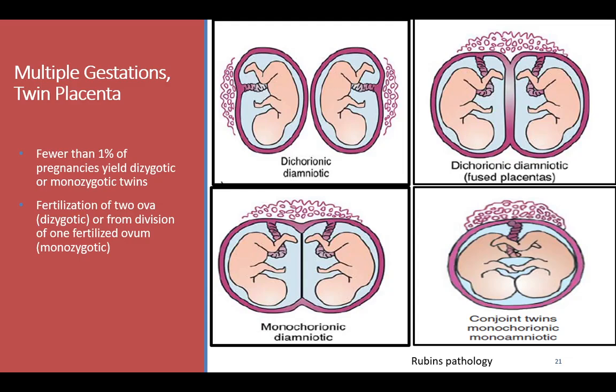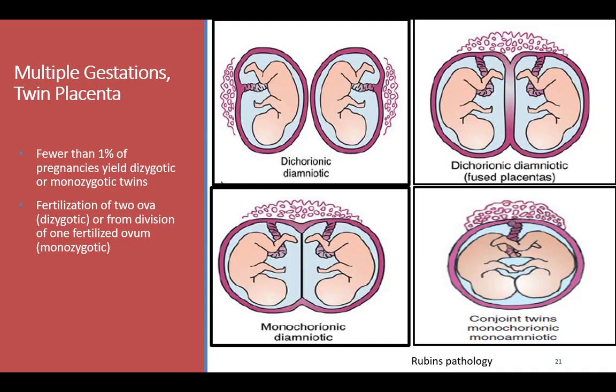It takes many forms. We have dichorionic, diamniotic: 2 chorions, 2 amnions, completely separate placentas. Sometimes we see dichorionic, diamniotic, but fused, still dichorionic, diamniotic.